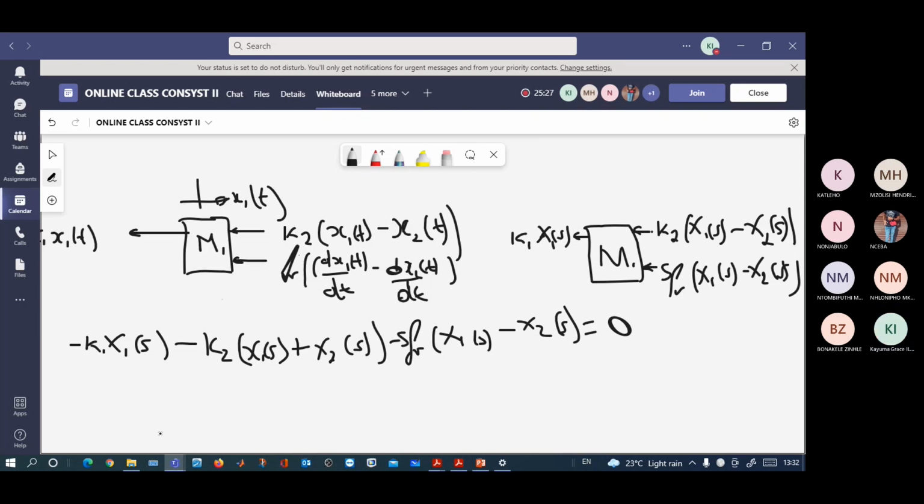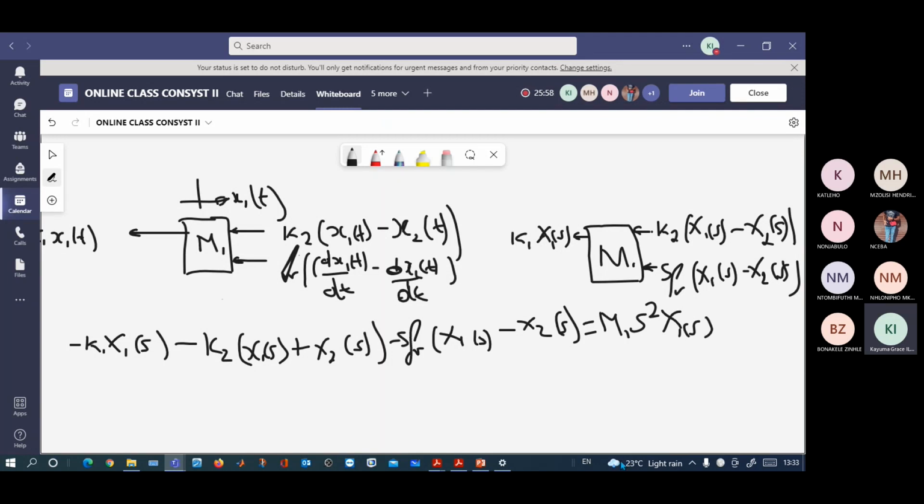Okay. So now this is equal to the mass M1 s squared X1 of s.